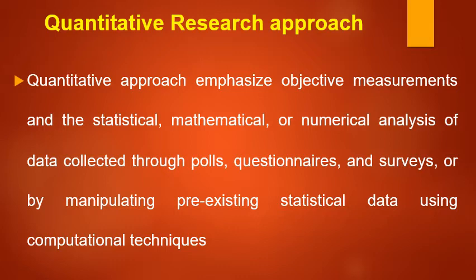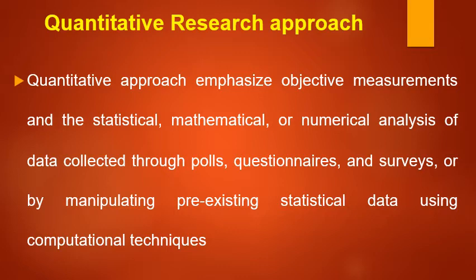And you can use different tools also. It may be through polls, or you can use questionnaires also, and you can conduct surveys through which you are collecting your numerical or quantitative data. And sometimes the statistical data is already available, and by manipulating those data we are coming to the conclusion. That is also possible, but still it is numerical data which you are collecting.